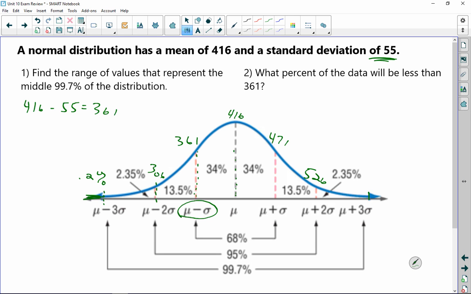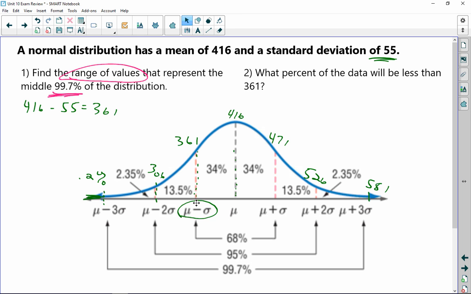Then this line out here may or may not come into account. All right. So my first problem, it wants to find the range of values that represent the middle 99.7%.